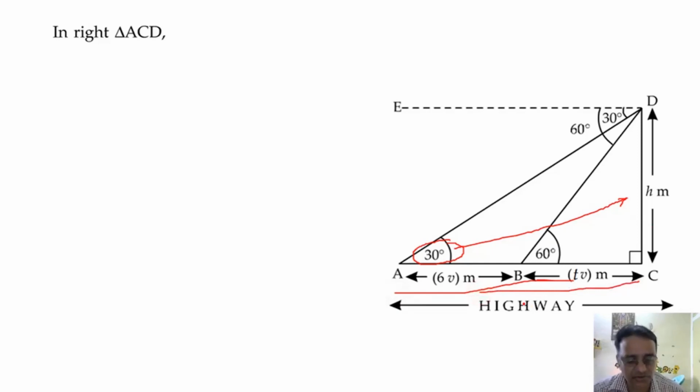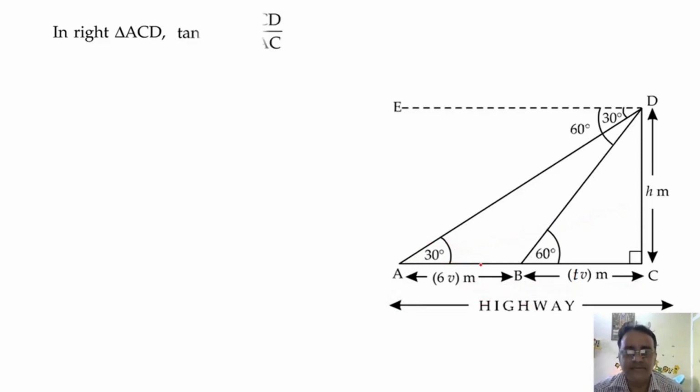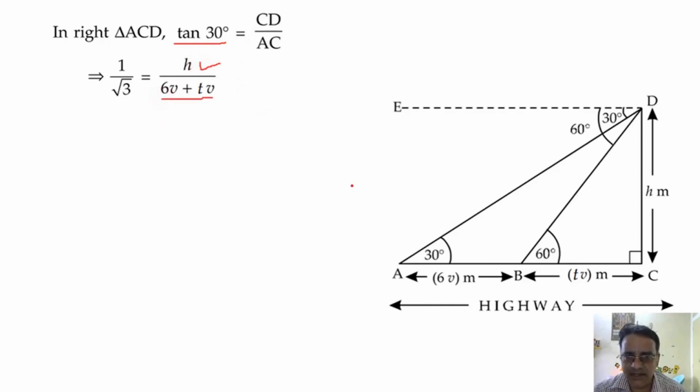Which trigonometric ratio are you going to use? Tan theta. Right. So tan 30 degrees equals O by A, opposite by adjacent, that is CD by AC. And what is the value of tan 30 degrees? 1 by root 3. And CD is h, and AC just now you told is 6v plus tv. Now cross multiplication. So we get h is equal to (6v plus tv) upon root 3. Let it be equation number 1.